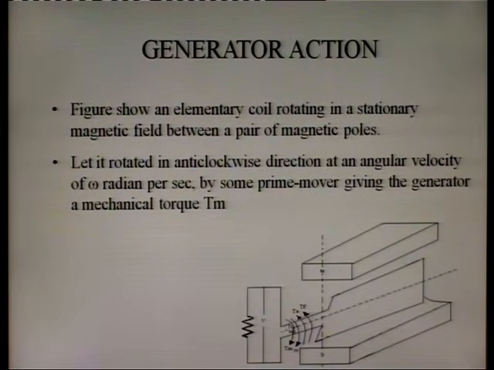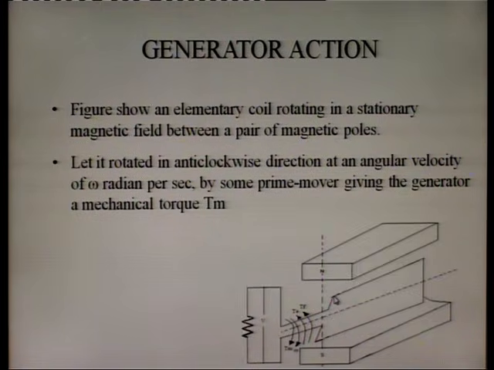When we apply mechanical torque, the elementary coil will rotate in the same direction as the applied mechanical torque. So this rotor, that is the rotating coil, will rotate when we apply the mechanical torque from the prime mover.